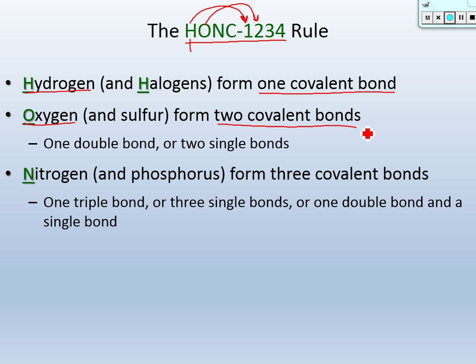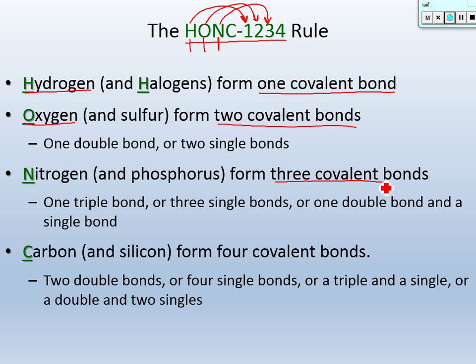Nitrogen, the N in HONK is for the nitrogen. And how many bonds does it like to form? 3. So nitrogen likes to form 3 covalent bonds. And the C in HONK is for carbon, and it likes to form 4 covalent bonds in Lewis structures. So I'm going to refer to this as we go through the video, the HONK 1, 2, 3, 4 rule.